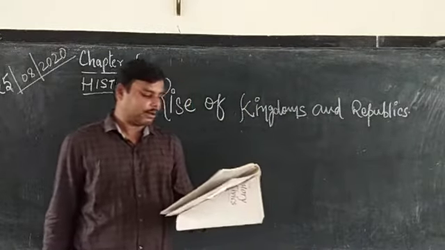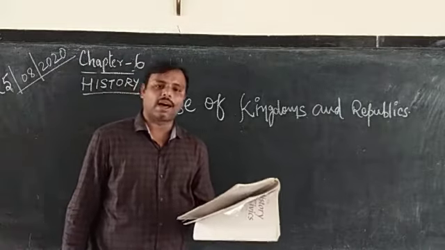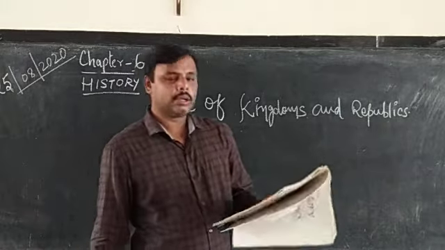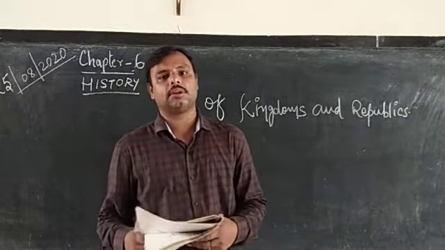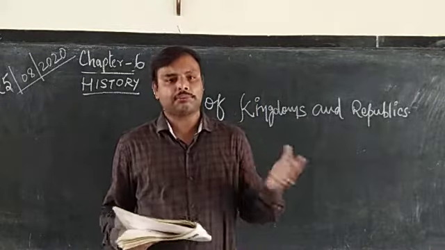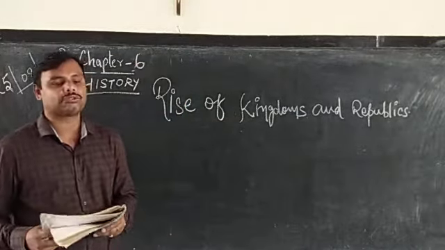A Janpada could be a republic, a state having an elected ruler or rulers, or a monarchy. A monarchy is basically a system where a single ruler rules the country and his family members keep on passing the hereditary position to the next generation.